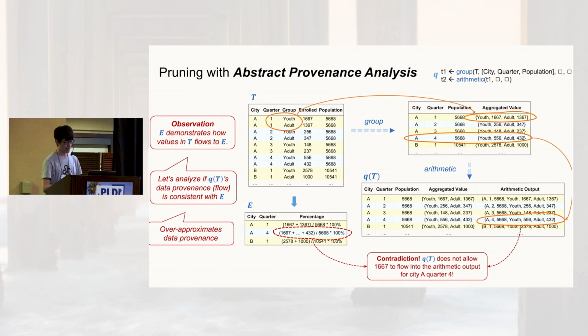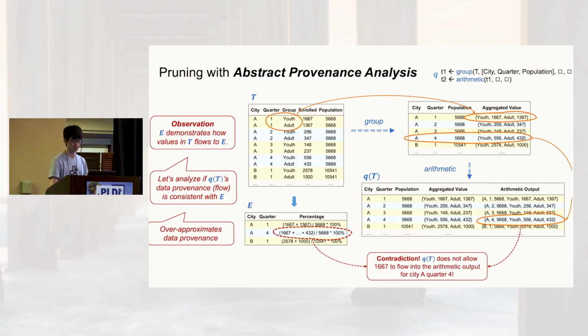But now if you compare this against the user demonstration, there is an issue. Because our demonstration actually requires a value called 1667 to flow to this cell to be used as a parameter. But from our analysis, this value has no chance to flow into this particular cell. It's basically because the group does not allow you to do a cumulative sum like thing. So because of this, we can tell that no matter how this program is going to be instantiated, it has no way to conform to our example.